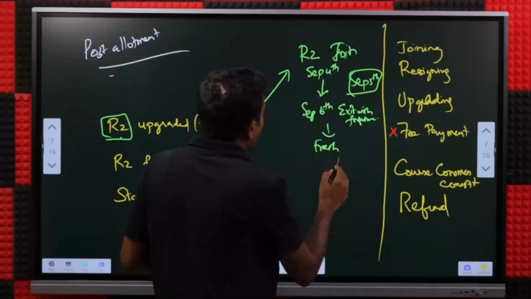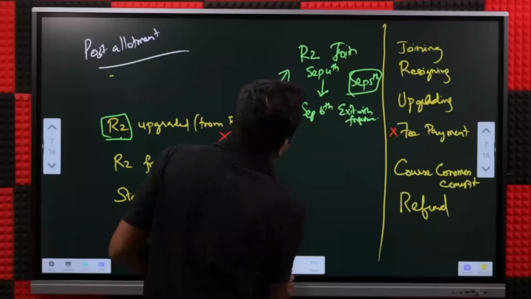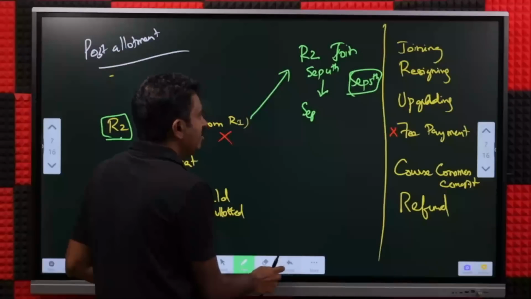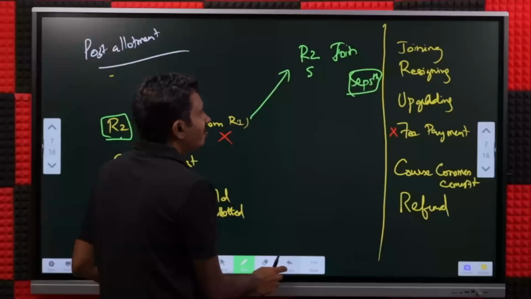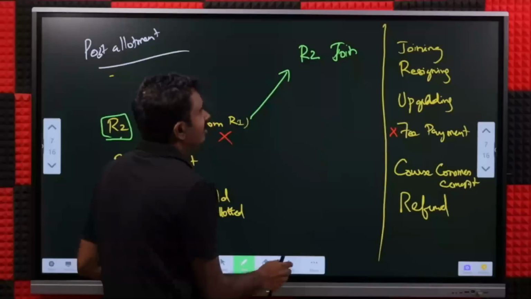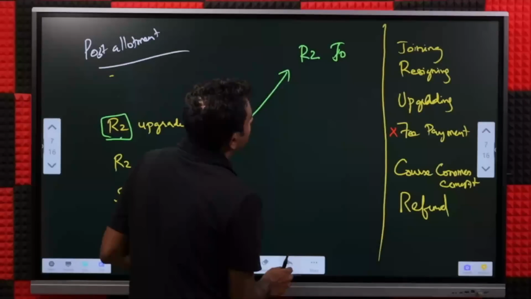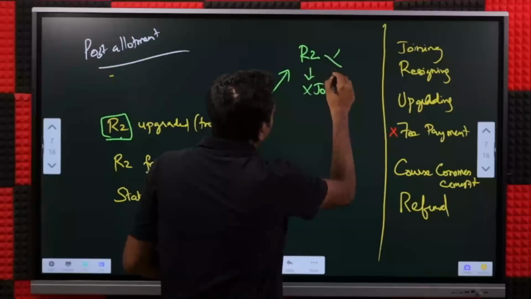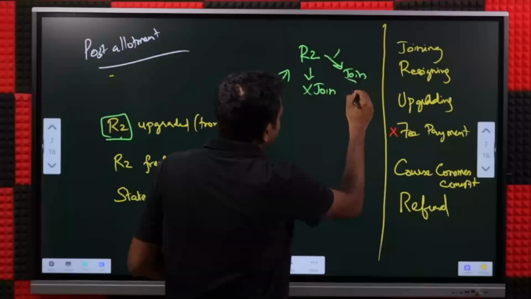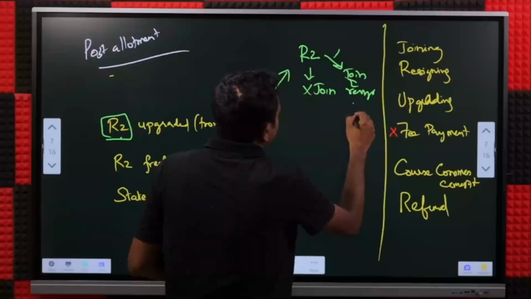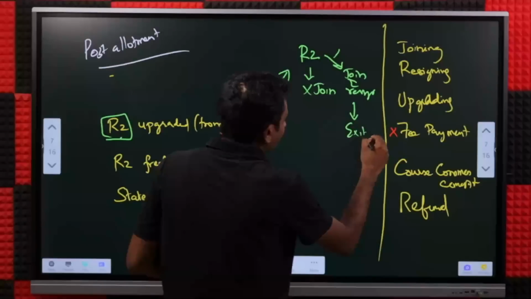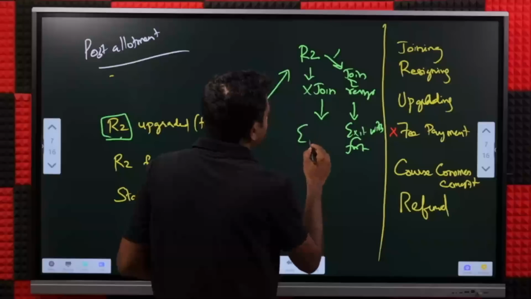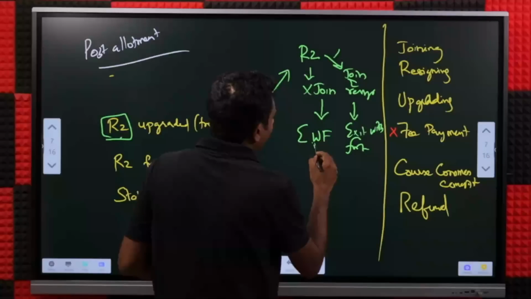So basically, after you are allotted an R2 seat, irrespective of whether you are going for a state R2 seat or not, if you are allotted a seat and you don't join, or if you are allotted a seat and you join and resign, if this is available, this is also exit with forfeiture.